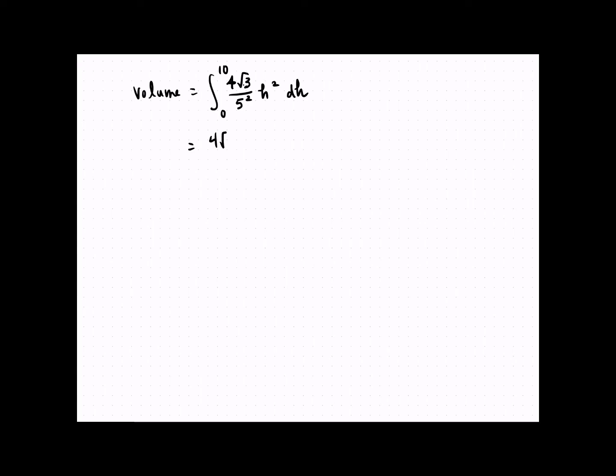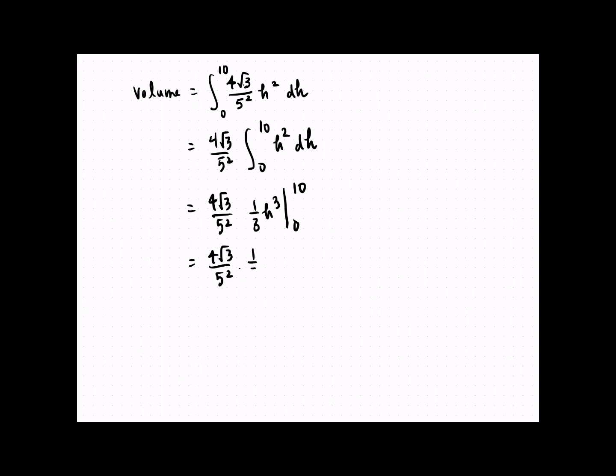So let me pull out my 4 root 3 over 5 squared. The integral of h squared is 1/3 h cubed. So the fundamental theorem of calculus, I put those limits of integration there. And I'm not subtracting anything when I plug in 0.